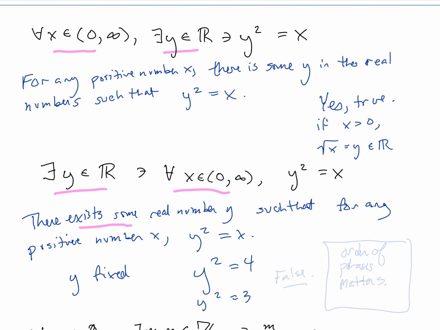It's true for every positive number x. Well, clearly this is false. There is no single y such that y squared is equal to every positive number. y squared cannot simultaneously be 4 and also 3. So this statement is false.